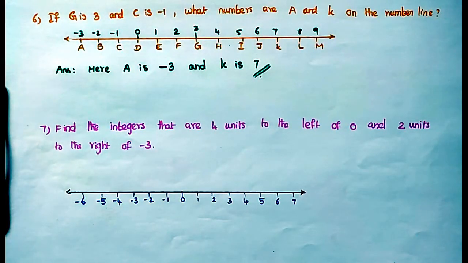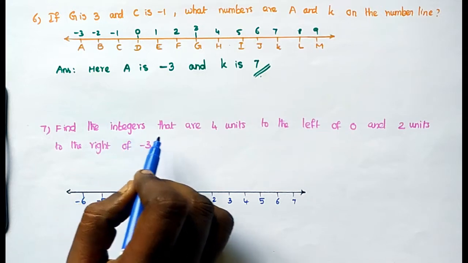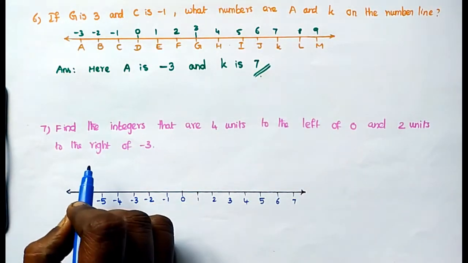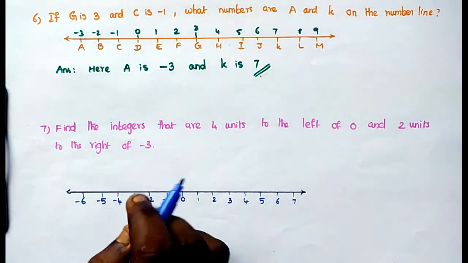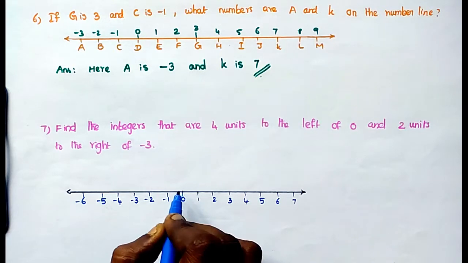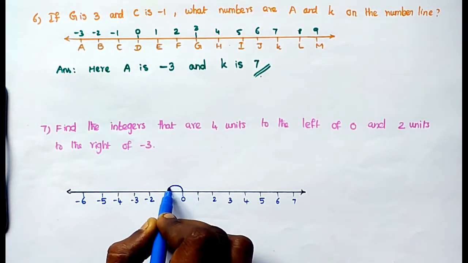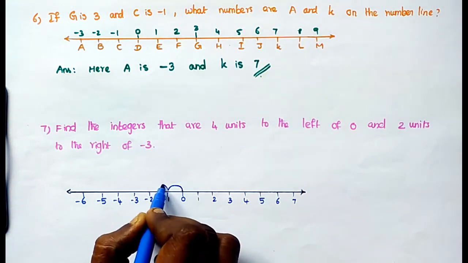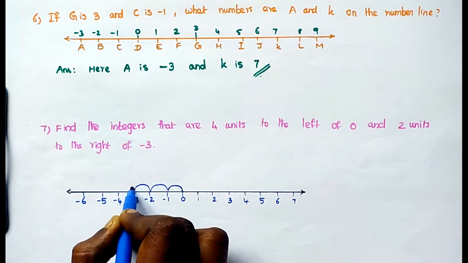Next one. Find the integers that are 4 units to the left of 0 and 2 units to the right of minus 3. 4 units left of 0. So from 0, 4 units we have to move to the left side. So 1, 2, 3, 4.